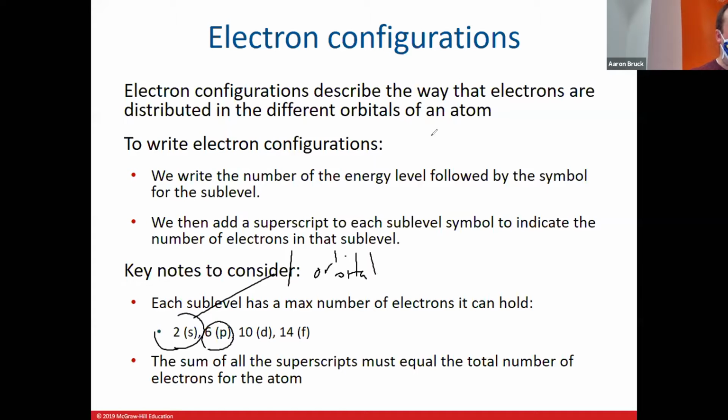And we talked about the P and how the P has three. Those three orbitals are arranged in three different directions: one up and down, one left and right, and one that comes at you and away from you.